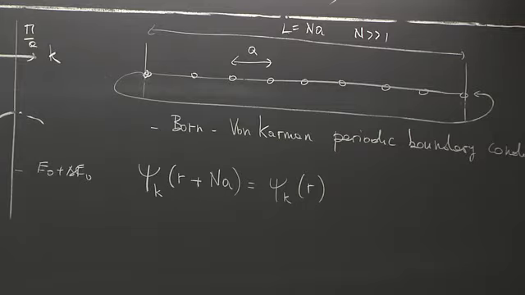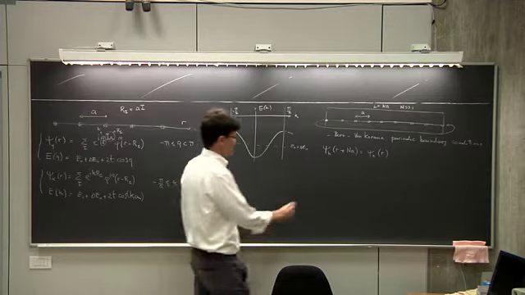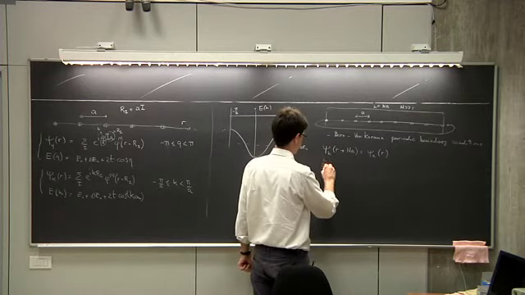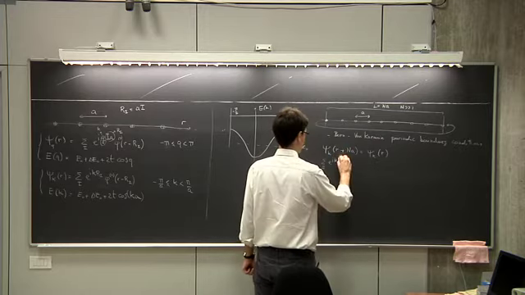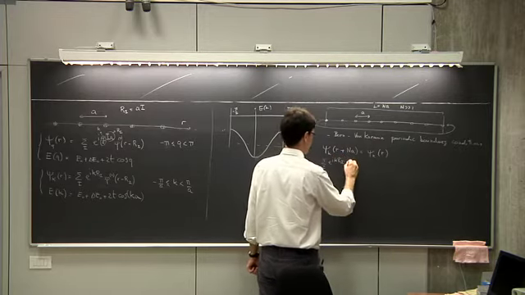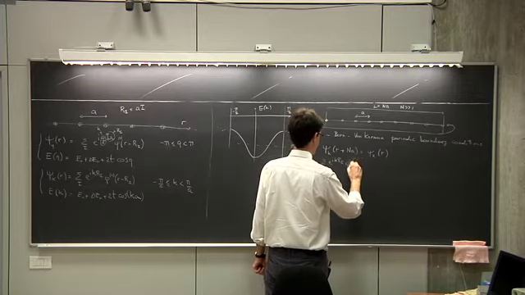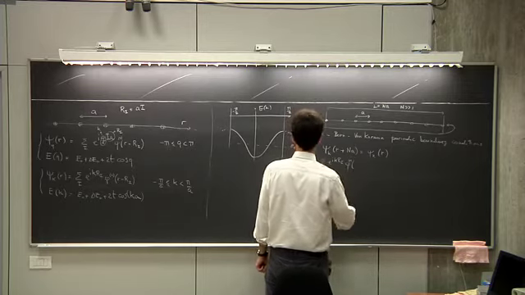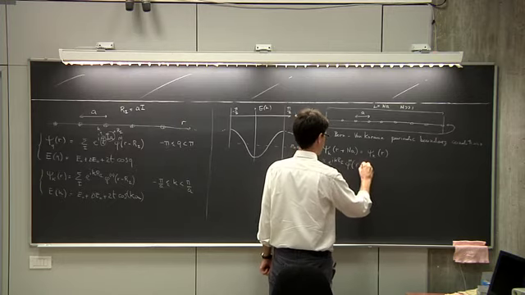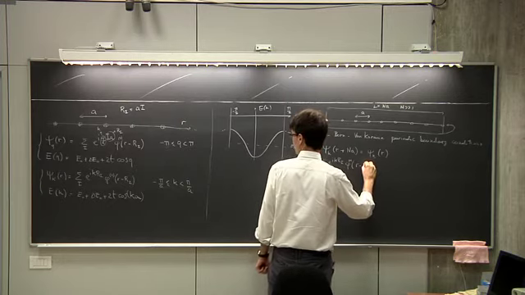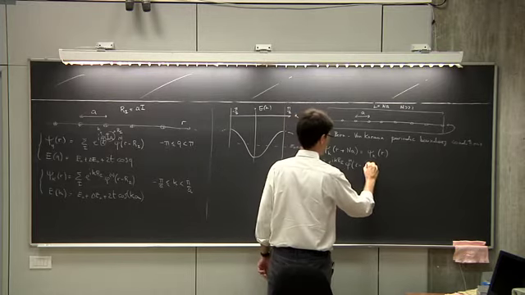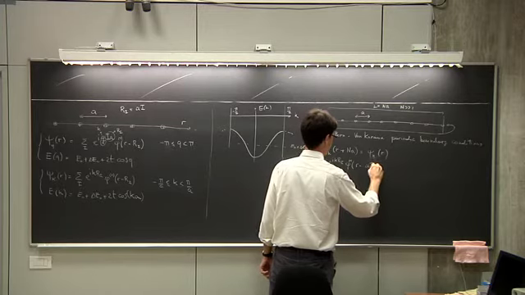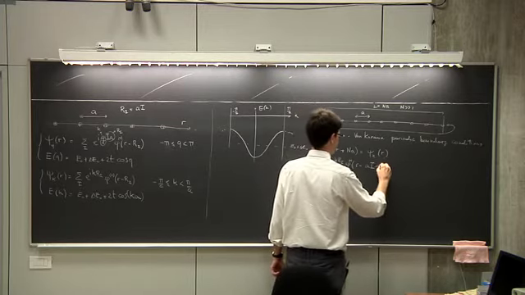Okay, so let me explicitly impose this onto these functions. So we have the sum over i of e to the i k R_i phi naught of r minus R_i. Let me write that as a_i plus Na.